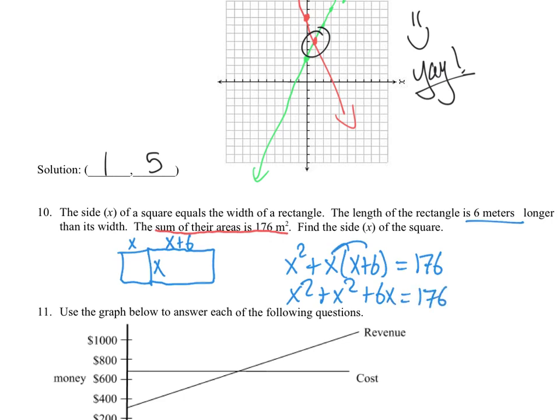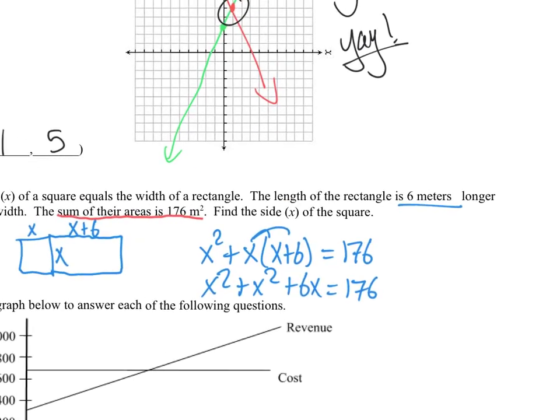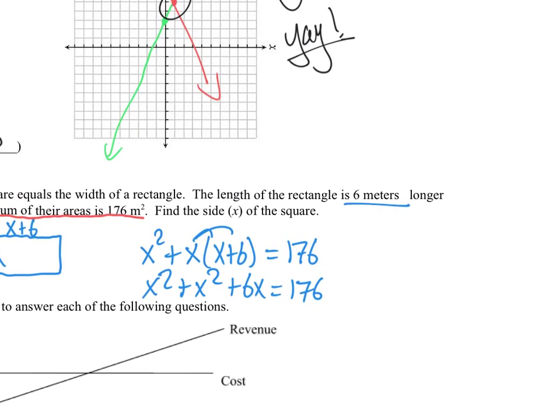Right, and then we can combine those like terms. Let me come over here. So I have 2x squared plus 6x equals 176.